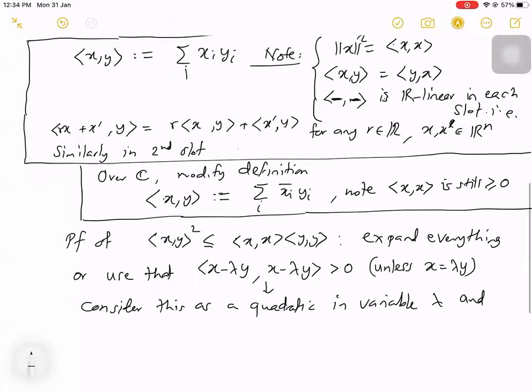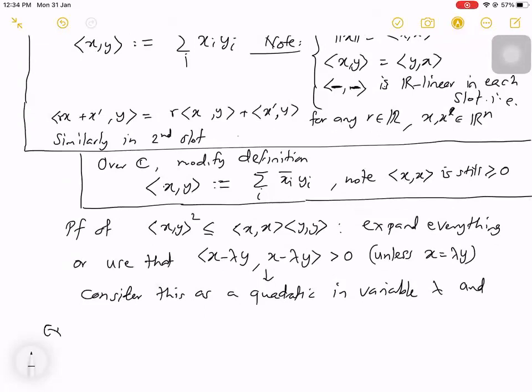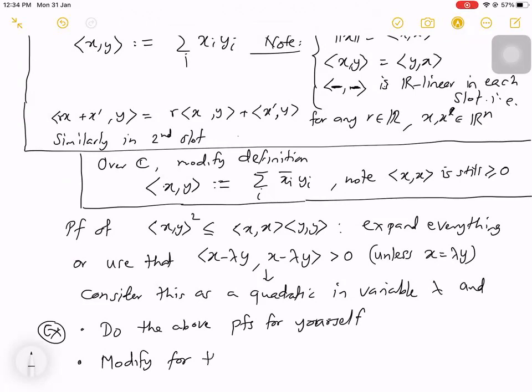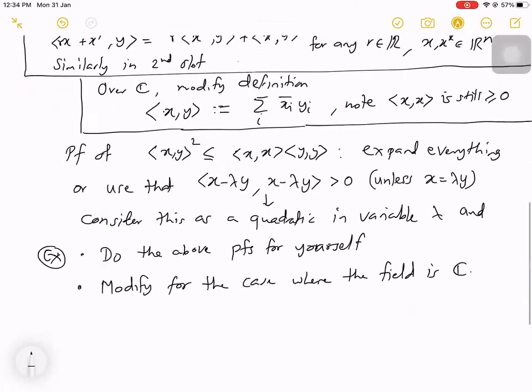All right. So exercise. Do the above proofs for yourself if you have not done it, and modify them for the case where the field is C. All right.